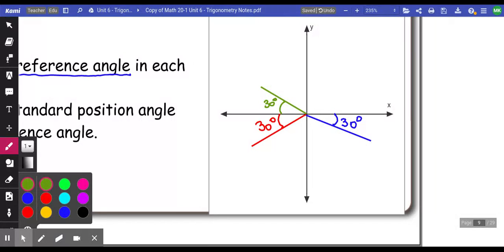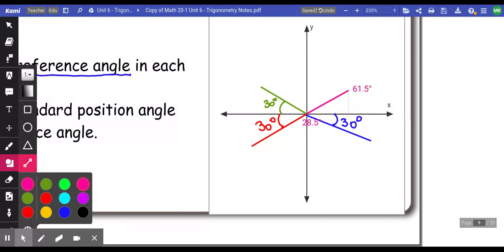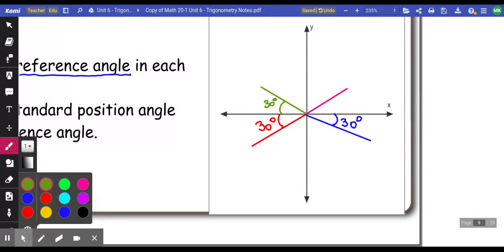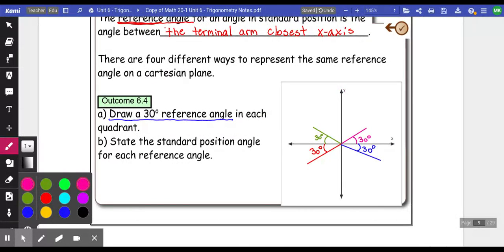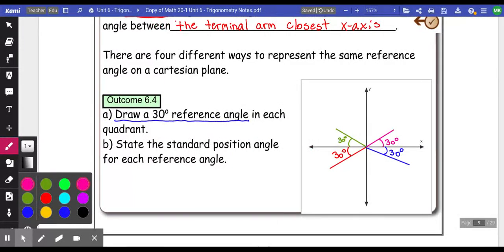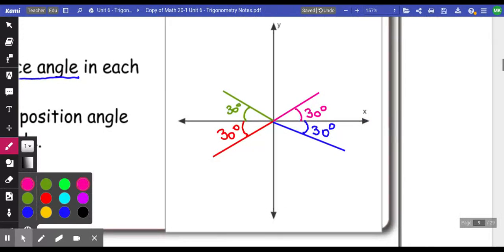And I could also do one over here, 30 degrees, like that. So when you get given a reference angle, it actually could be in any of these spots.